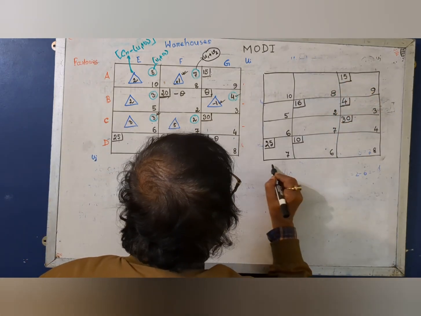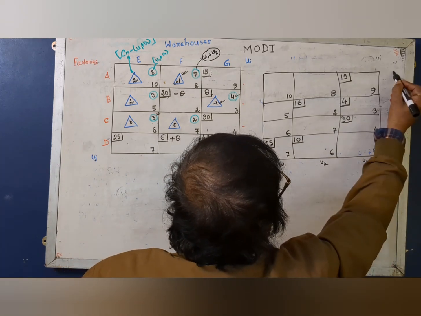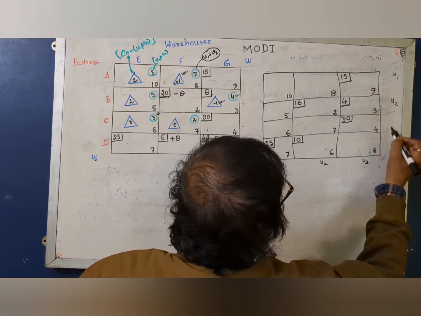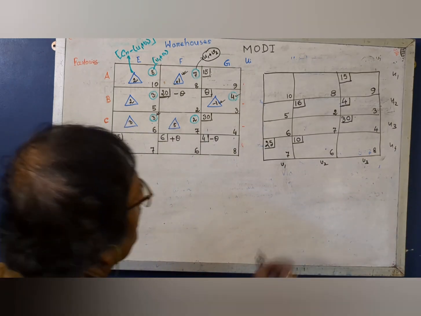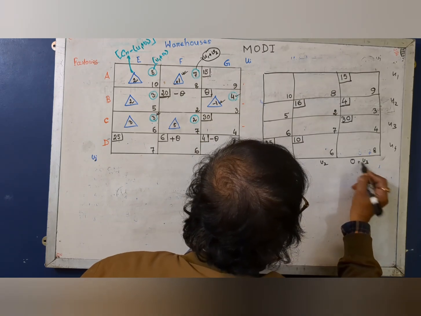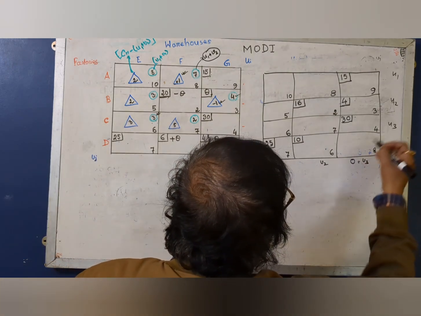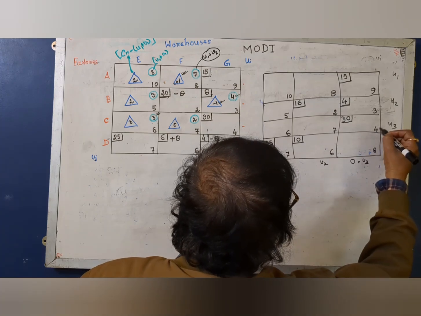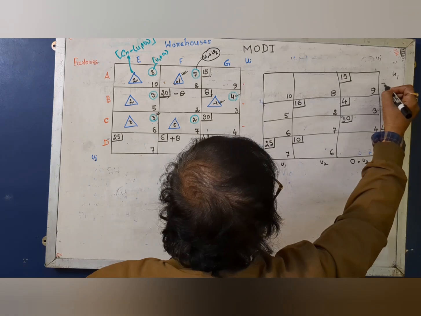This is V1, V2, V3 and U1, U2, U3, U4. But I can find out the values directly. How? Suppose I am putting 0 value against this V3. If it is 0, if you add this, then you will get this. That's why it will be 4, it will be 3 and it will be 9.